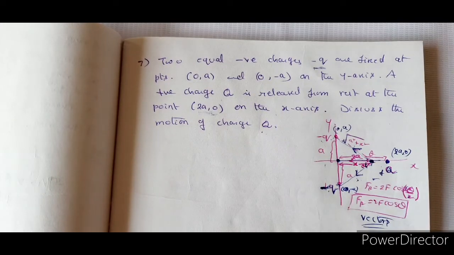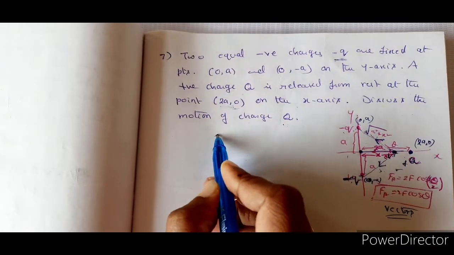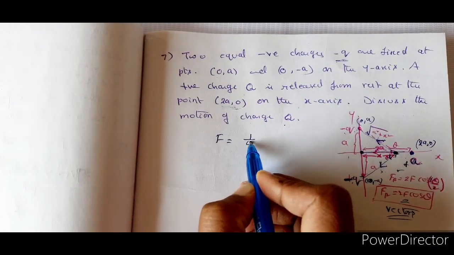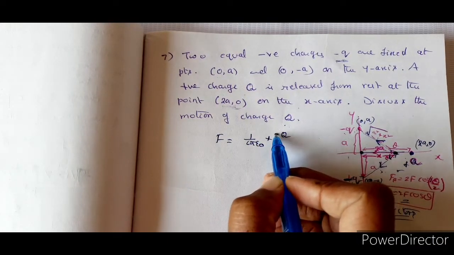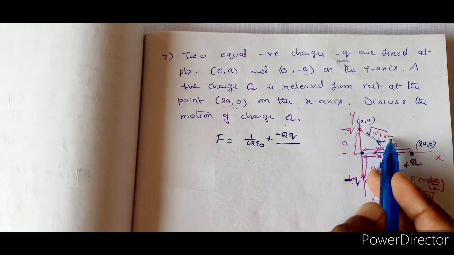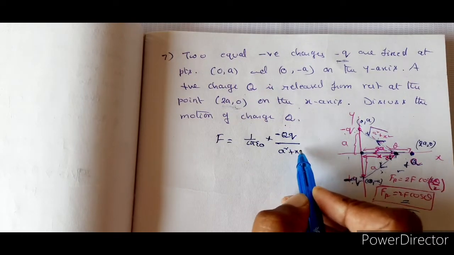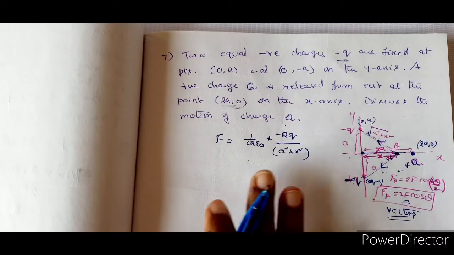Now we will go with the Coulomb's inverse square law part. What is the force? F is equal to 1 by 4 pi epsilon naught into minus Qq by d square. What is d square? Root of a square plus x square, whole square, which is nothing but a square plus x square, because the square and root get cancelled. So this is the force.